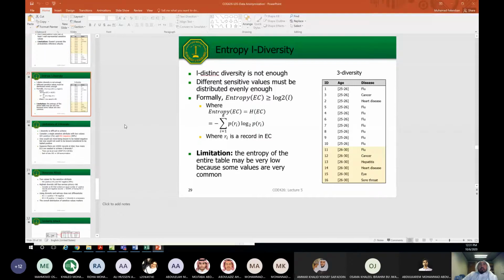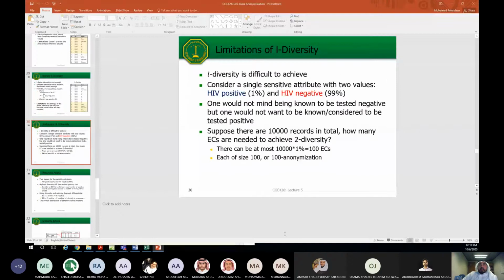And then we had an example. Let's say you have a table of HIV patients, and one column, which is a sensitive attribute, is the test, whether they are positive or negative. The distribution is very skewed toward negative: 99% are negative and 1% is positive.